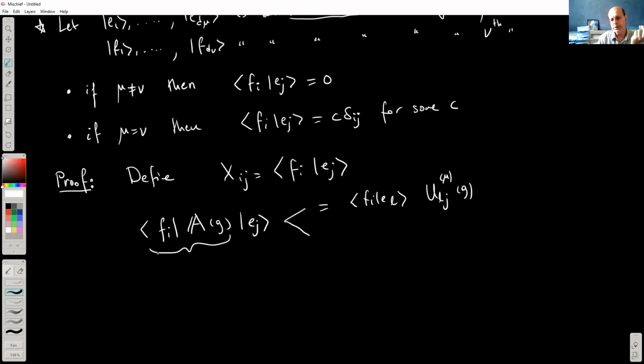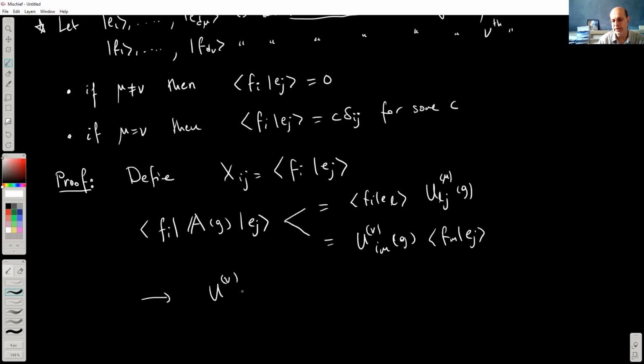To do this calculation you have to take the Hermitian conjugate of that part, do the analysis correctly, and then revert back. But you can show that this is equal to U of nu of i m of g, times the dot product of F_m and E_j.